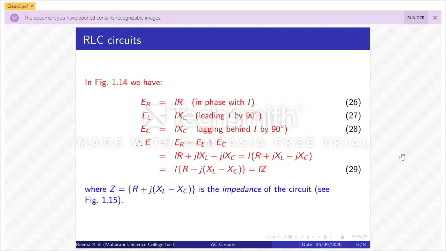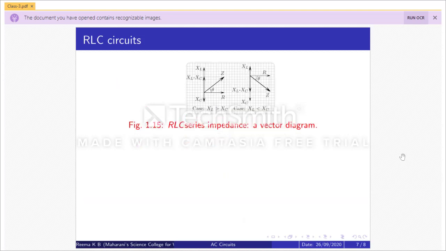Therefore, E is equal to I times Z, where Z is equal to R plus J times XL minus XC, which is the impedance of the circuit as seen in figure 1.15. Figure 1.15 gives the RLC series impedance, which is a vector diagram.